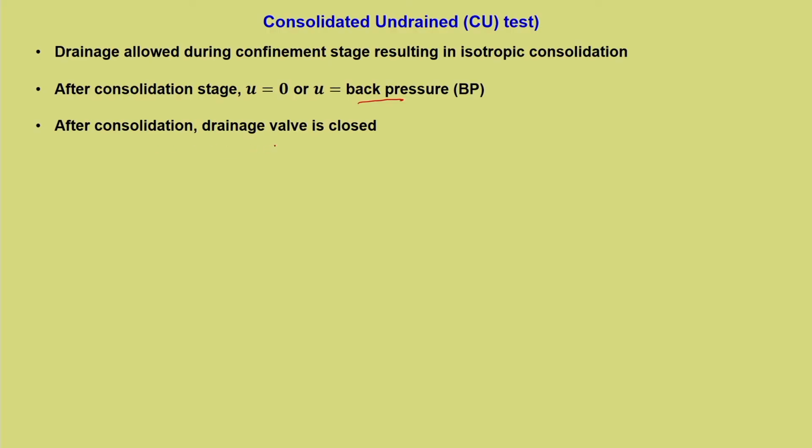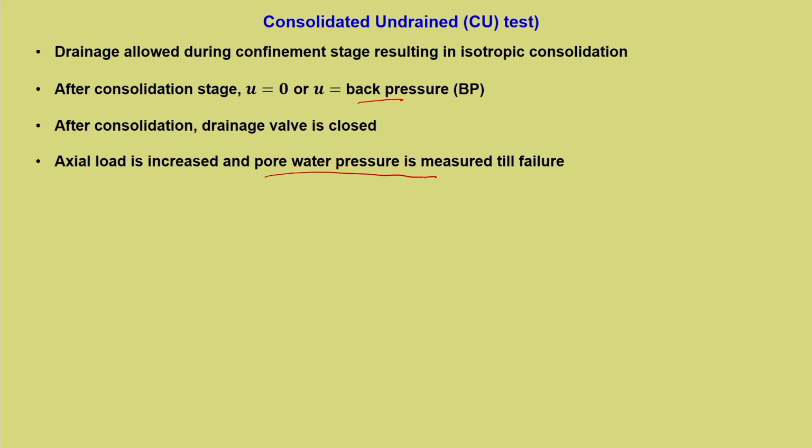All these things depend on your understanding of what pore water pressure is, what back pressure is, and how it is applied. So, these things become important. So, please pay specific attention to these points even though they may look very minor. So, after consolidation, the drainage valve is closed, axial load is increased and pore water pressure is measured till failure.